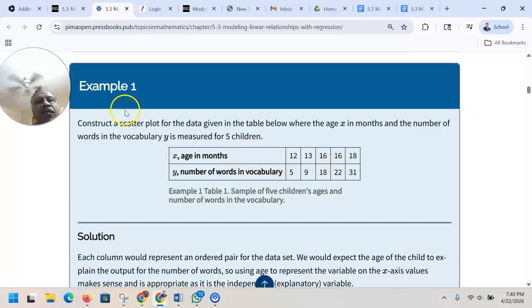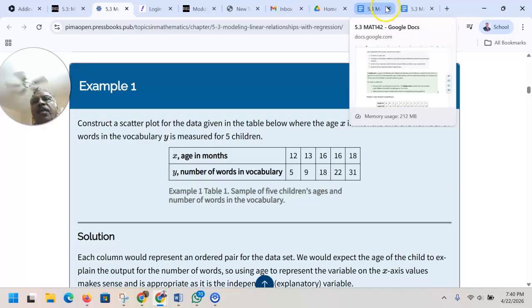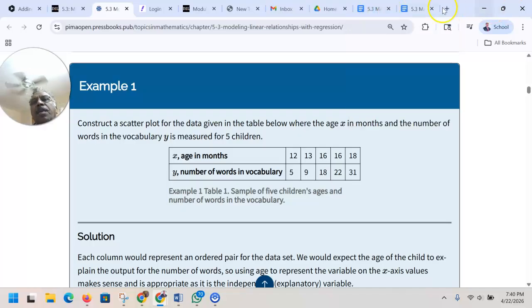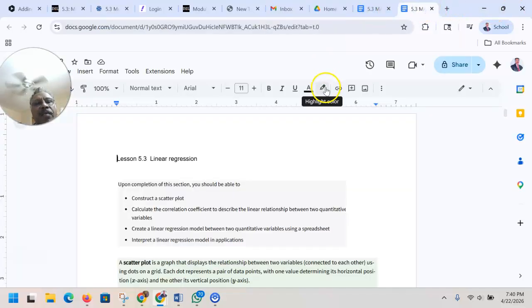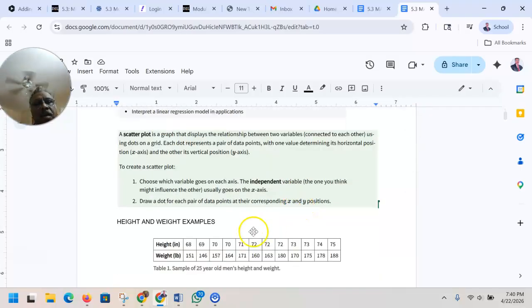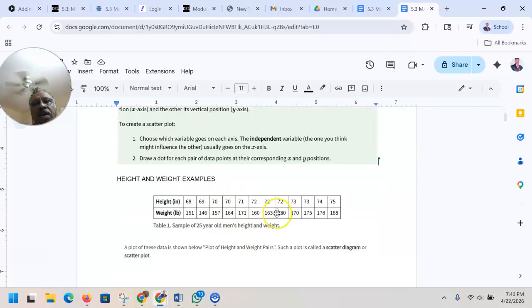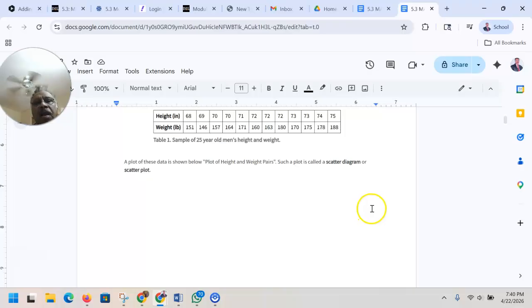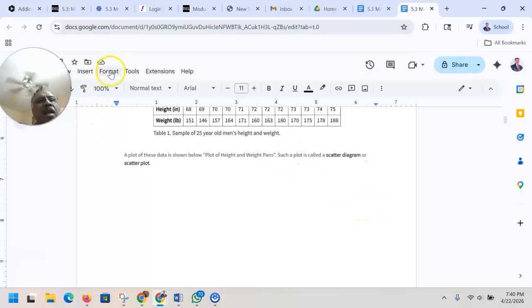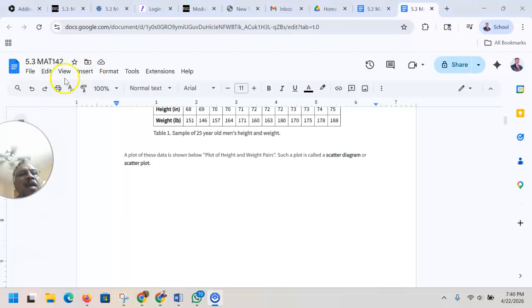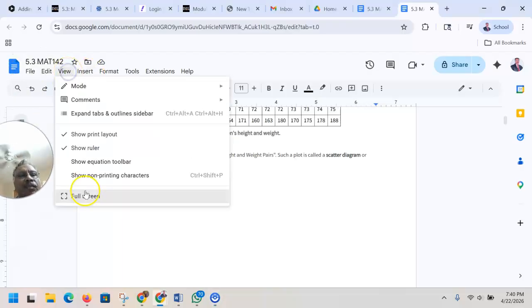For those of you who are confused, let's begin straight away with the first example. I'll pull it up from the packet that you have. Since we already did this, I'll start this for those of you who may get confused. Let me view this as full screen.